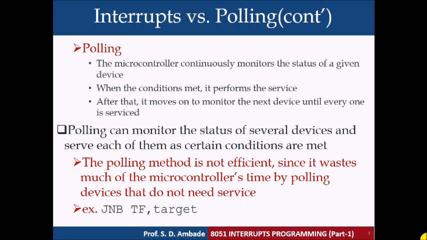If the TF flag sets to 1, it indicates that the timer overflowed or rolled over. Then and only then will this loop break and the next instruction execute. Then and only then is the service performed by the microcontroller.